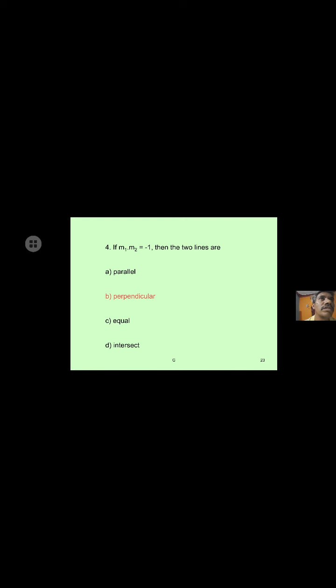If we take the product, we will get minus 1. So simply we can say, if the product of two slopes is minus 1, then the lines are perpendicular. So the fourth answer here is B. We have to select option B, that is perpendicular.